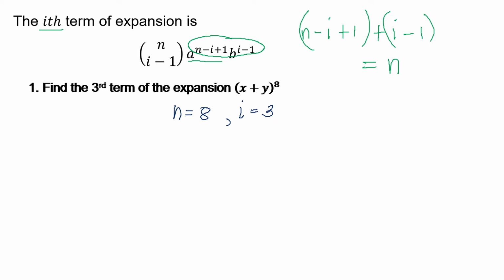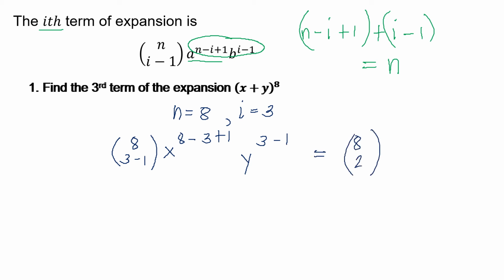If we place that in the formula, that will become 8 taken 3 minus 1, because i is equal to 3, times x raised to 8 minus 3 plus 1, times y raised to 3 minus 1, which is equal to 8 taken 2 at a time. x raised to 8 minus 3 plus 1 is equal to 6, and y raised to 2.